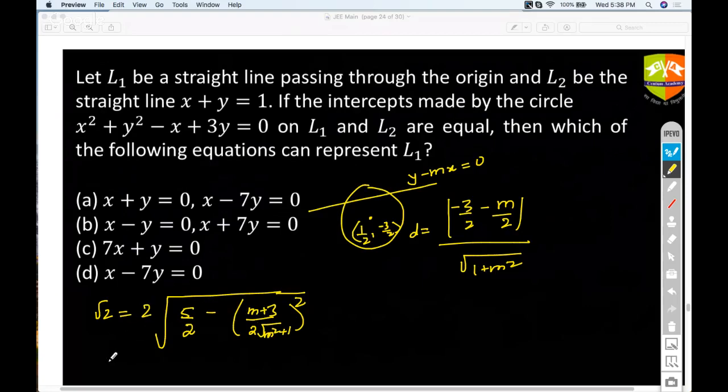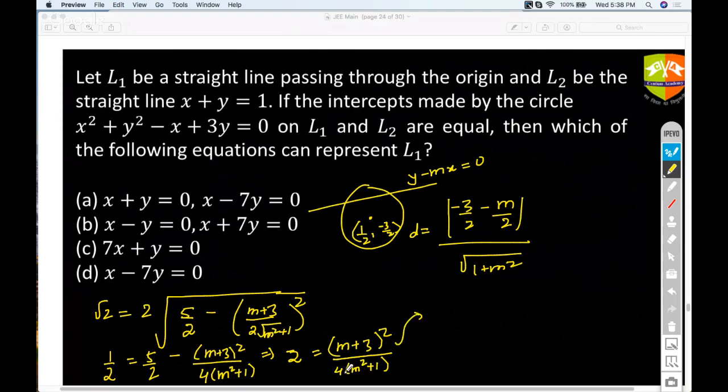So this will become half is equal to 5 by 2 minus (m plus 3) whole square by 4 (m square plus 1). So that's going to be, negative of 2, so plus 2 is equal to (m plus 3) whole square by 4 (m square plus 1).